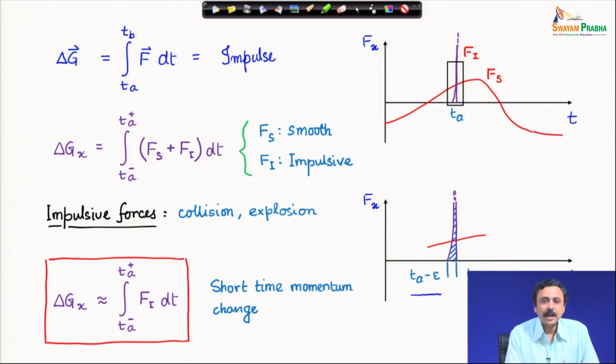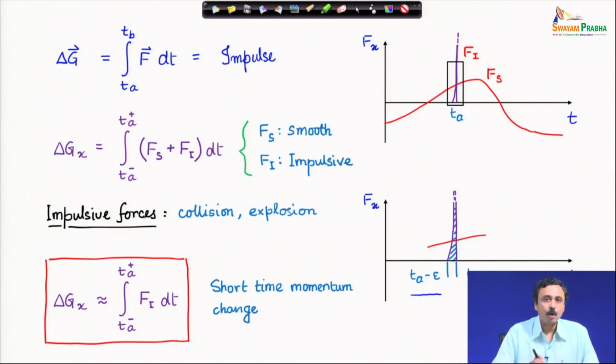Therefore, the short-time momentum change is given only by the impulsive forces. The short-time momentum change from T A minus to T A plus, where T A is the time at which the impulsive force has acted: the integral of F I dt is something finite, whereas over the same time interval the contribution of the smooth force is almost 0, negligible compared to what the impulsive force can contribute.